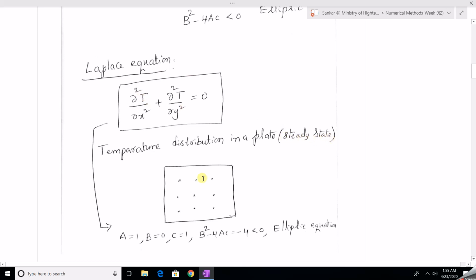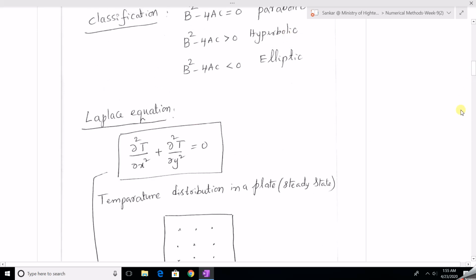Now the temperature distribution in the plate depends only on x and y. x is the distance along the x-axis and y is the distance along the y-axis. So if we look at this equation, the temperature distribution in a plate, we call it the Laplace equation. The particular name of this equation is the Laplace equation. And let us see, this Laplace equation comes under which type?